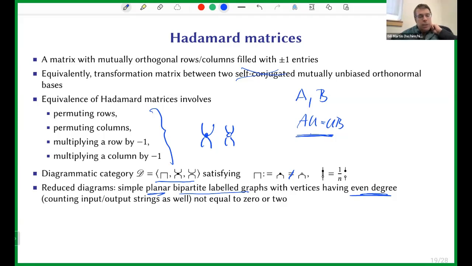I'm trying to get at your answer to Ada's question. Why did the Hadamards stand out as particularly interesting unitary matrices to you? Why not just an arbitrary pair of unitary matrices? Yeah, why is it interesting for me? Well, as I said, I didn't study it before.